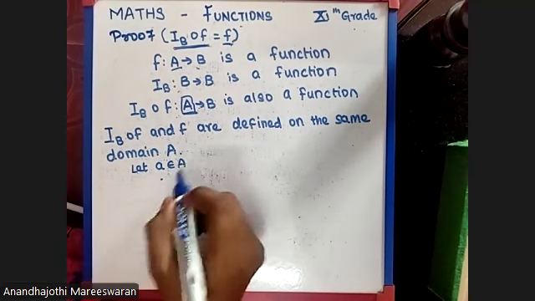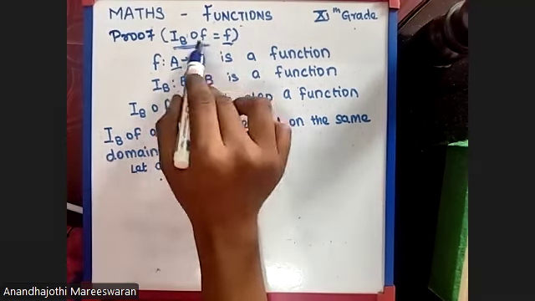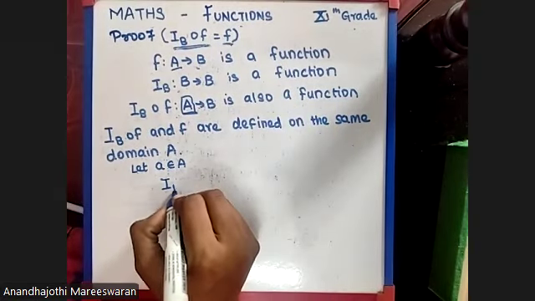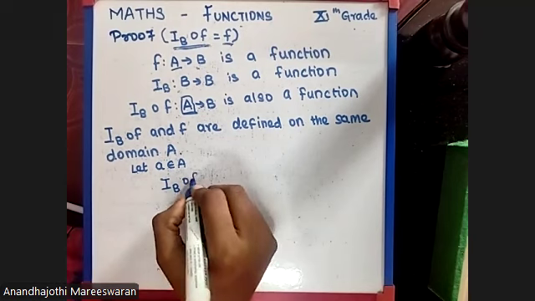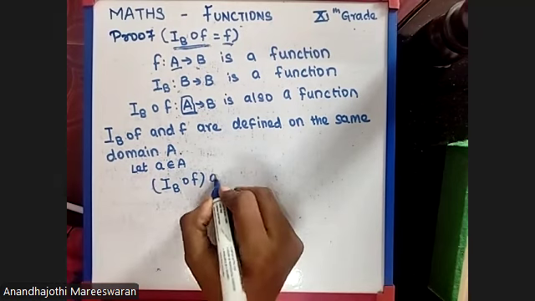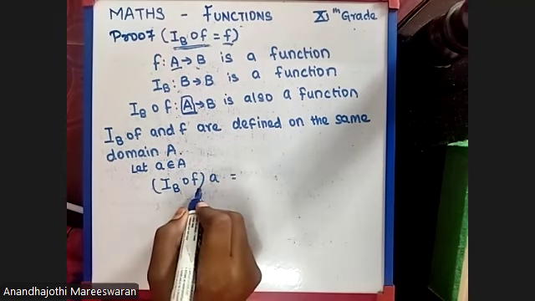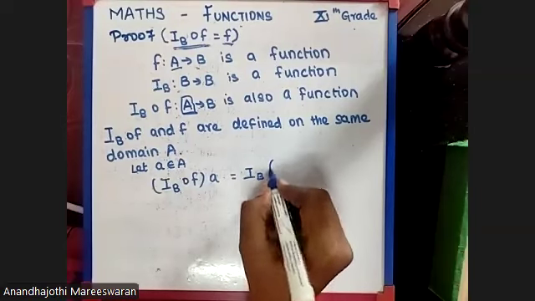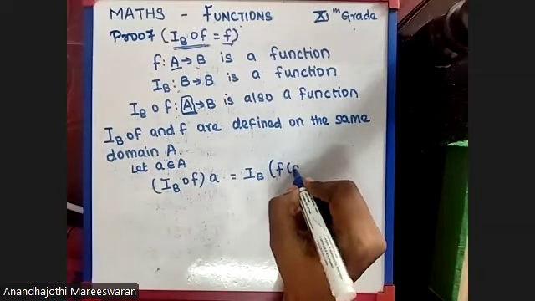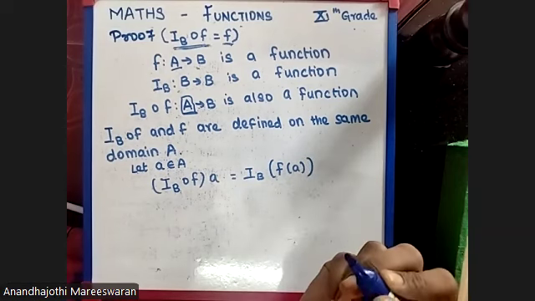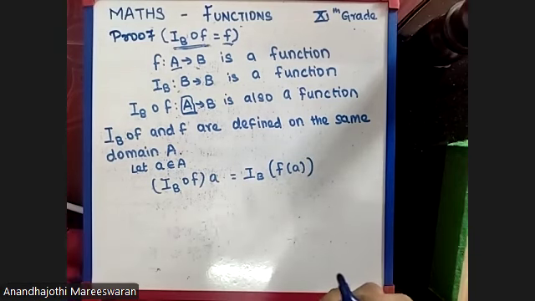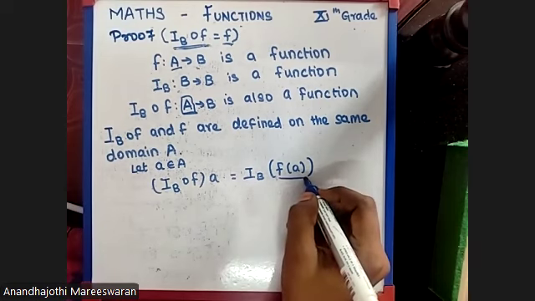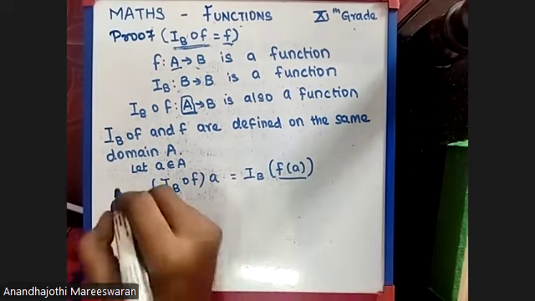So we are going to substitute this in the left hand side and find the right hand side. I_B circle f of a. Now we are going to expand I_B circle f, so I_B of f of a. Right? So now we are going to find whether this f of a belongs to A or B.